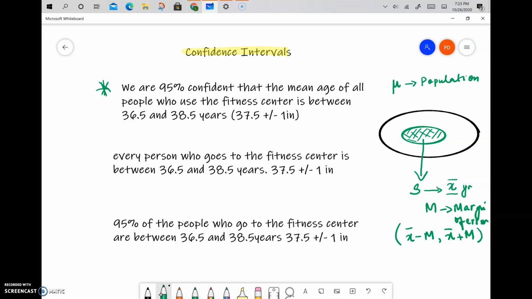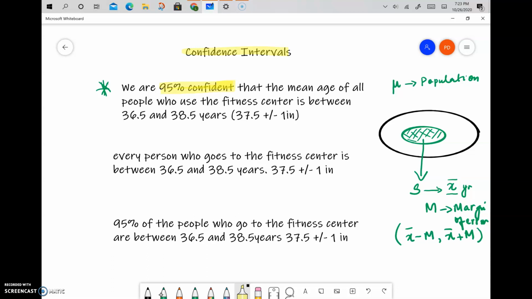We are 95% confident that the mean age of all people who use the fitness center, we've talked about this before, 95% confident means something, and we'll discuss that a little later. If you have not studied confidence intervals before, then it's probably not what you're thinking, but we'll talk about it a little later.